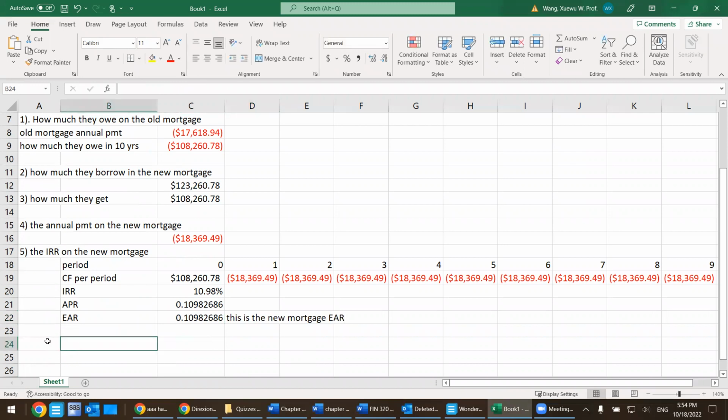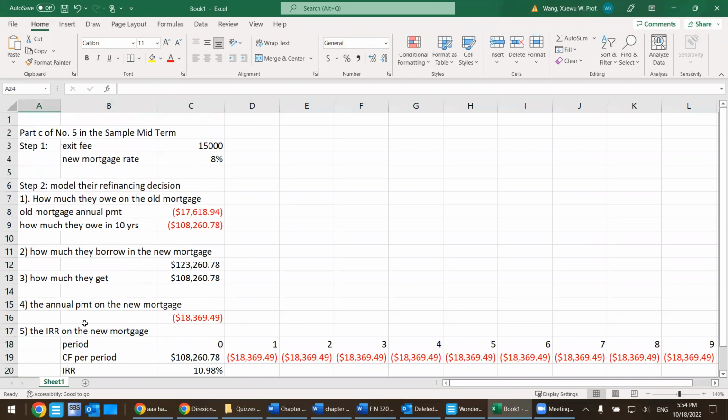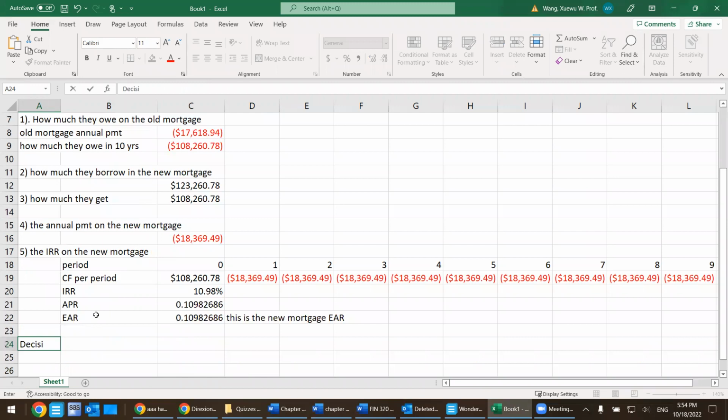All right. So now I can actually look at the decision here. I'm going to use the IF function here. And if the new mortgage rate is greater than the old mortgage rate, which is 10%, then we say the old mortgage is actually cheaper.